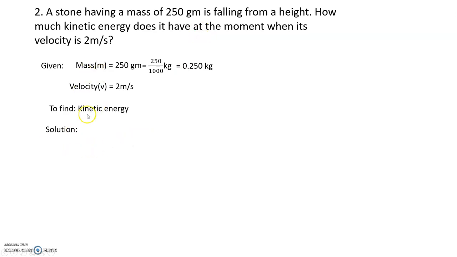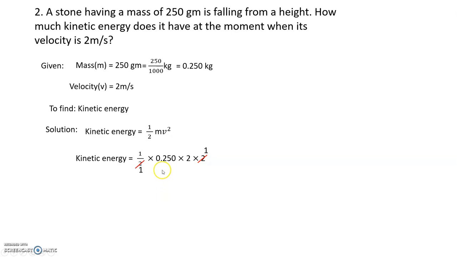Solution. Let's write the formula of kinetic energy, half mv square. Now we'll substitute the values. Mass is 0.250 and velocity is 2. So velocity v square means 2 multiplied by 2. So I wrote it 2 into 2. Now we have 2 in the numerator and 2 in the denominator, which will get cancelled.